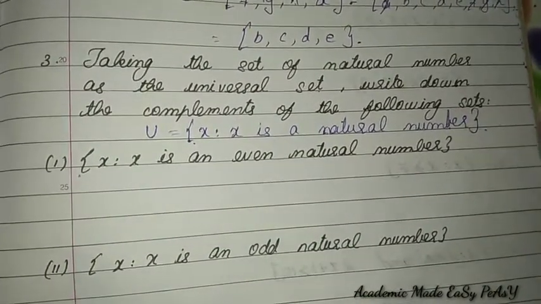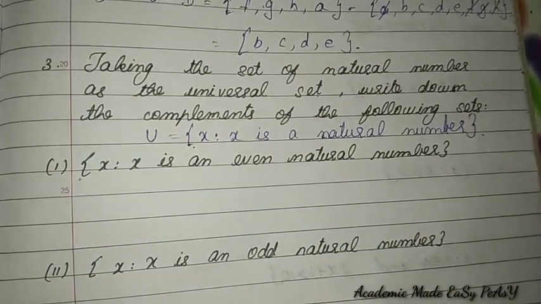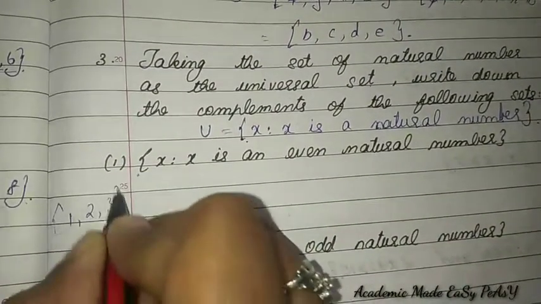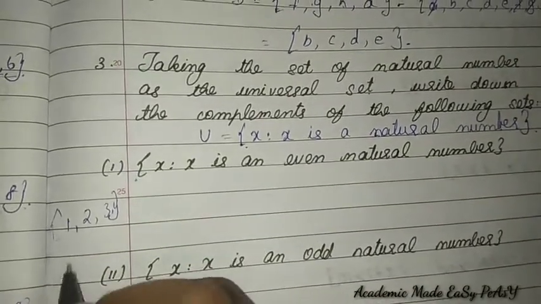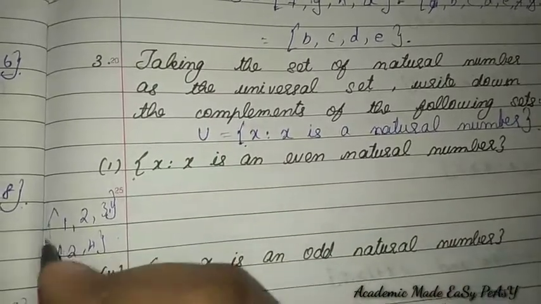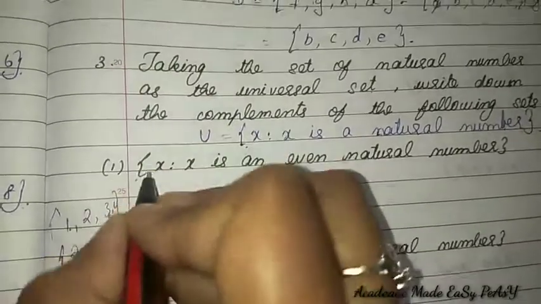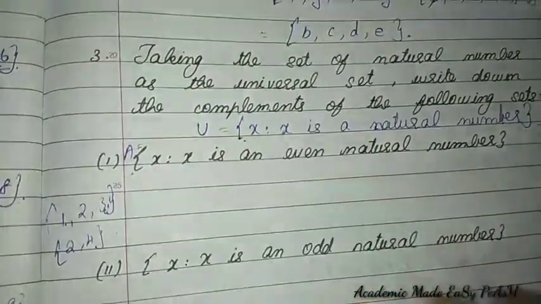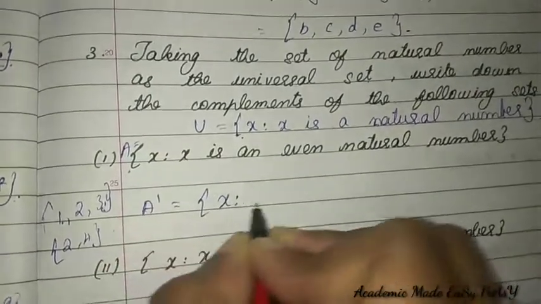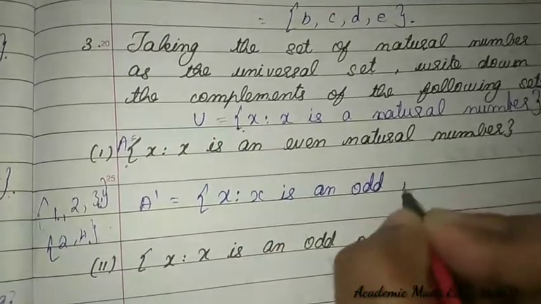If we take U difference A, for example, when this is A, it will be the set of odd numbers, no? For example, when we have 1, 2, 3, 4, is that clear? So next I have the set of even numbers, means 2, 4. So what will be remaining? 1 and 3, isn't it? Which are odd numbers. So let this be A. Then A complement will be {x such that x is an odd natural number}.